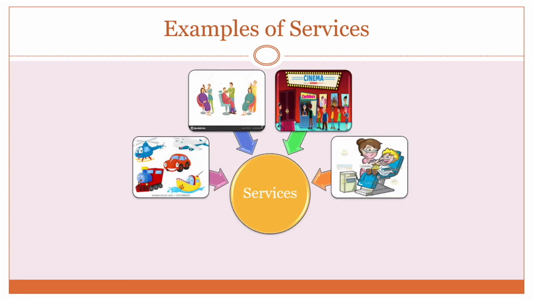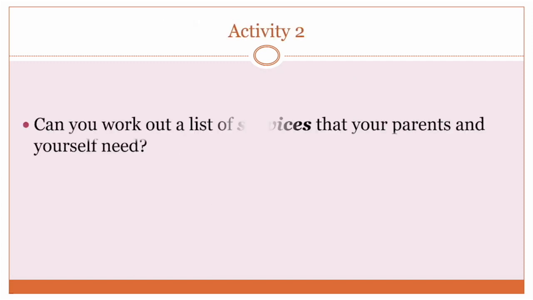We have transport, services of a barber, at the cinema, and even at the dentist. Can you add up to the list? As a second activity, can you work out a list of services that your parents and yourself need?